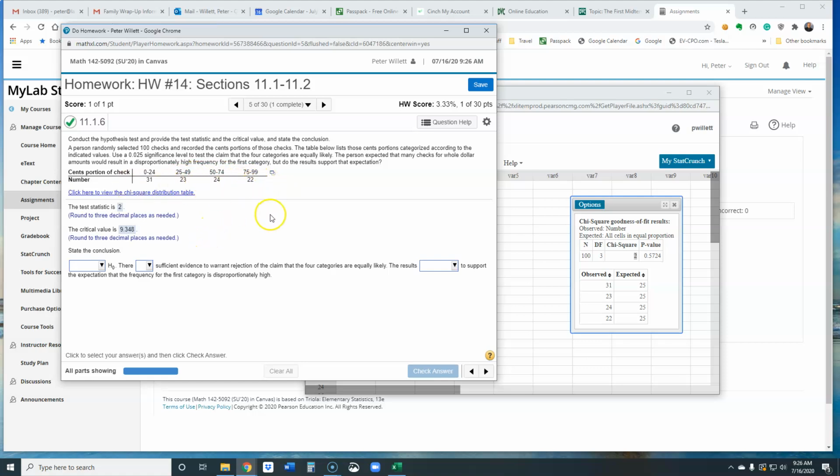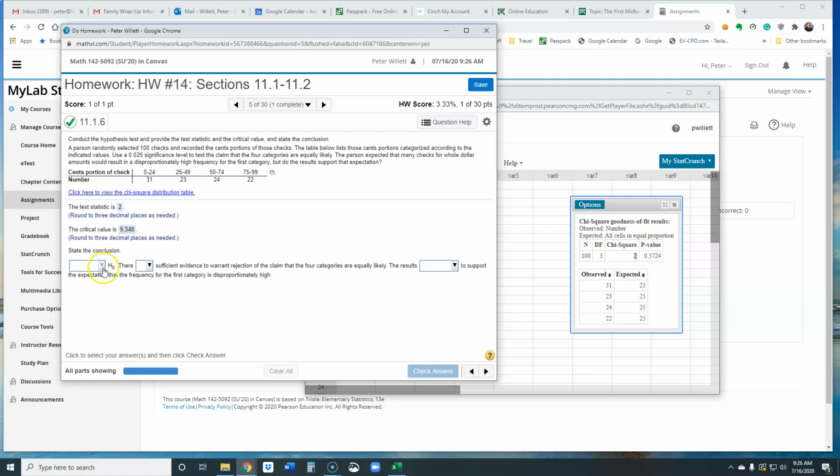And if it's not above that, then we can't. Or if you're thinking of the p-value logic, if the p is low, the null must go. The p-value would need to be below 0.025, and it's 0.5, which is nowhere near that low. So that means we cannot reject the null hypothesis.